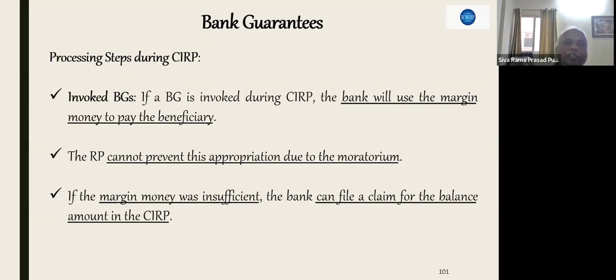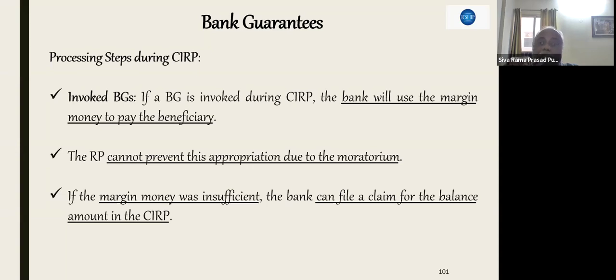Otherwise, in future, nobody will believe the banks, and nobody will ask us for bank guarantees. We have to honor. The bank has to honor it, and the Reserve Bank of India, the regulator, also does not reject. No question of discussion. First it is invoked, pay that amount, subject to a genuine transaction, not a fraudulent transaction.